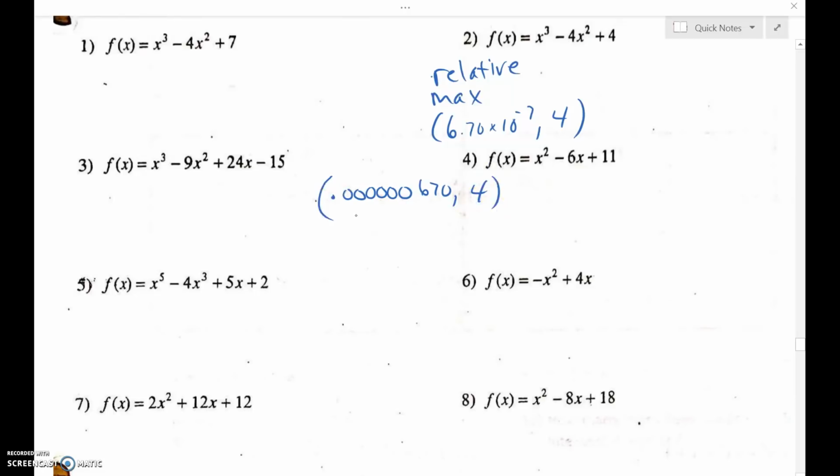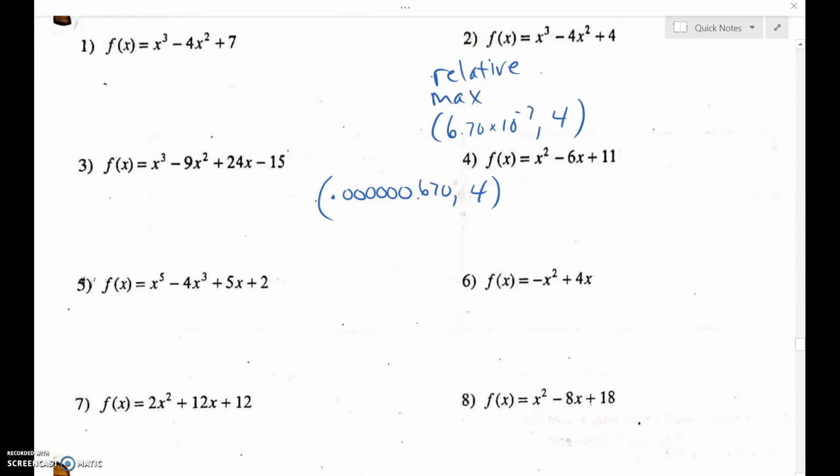Now, before you get too nervous, not every single one's going to be like this. It just so happened that a couple of our examples happen to be ones that were really close to the y-axis. So please don't get nervous, but just keep in mind that this will occasionally happen when we have to use the calculator. So just be ready to adjust.